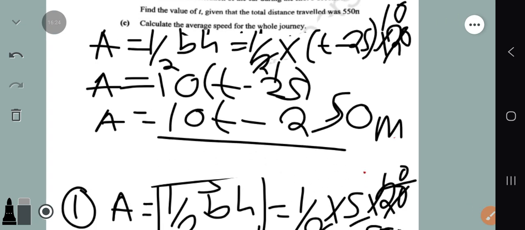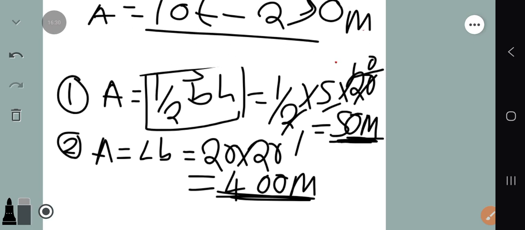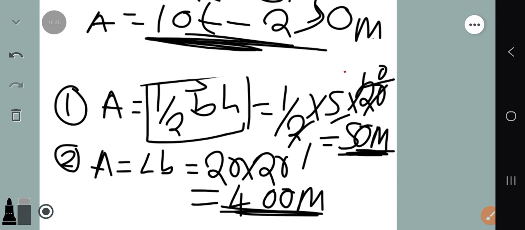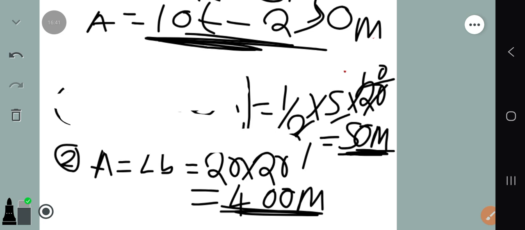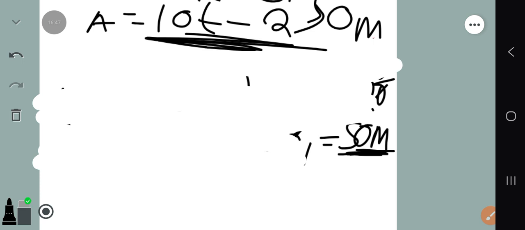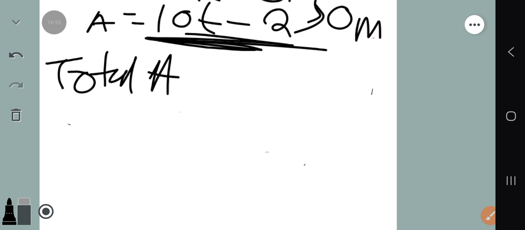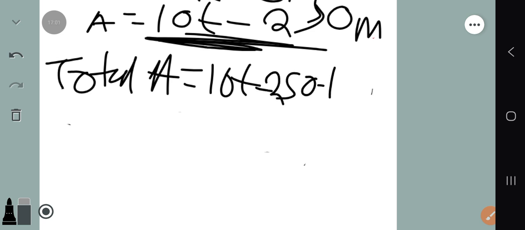So now let's total the area and equate. So the first area that we found is 50, the second 400, the third one 10t minus 250. So 50 plus 400. So I'm going to say now total area equals to 10t minus 250 plus 50 plus 400, right?